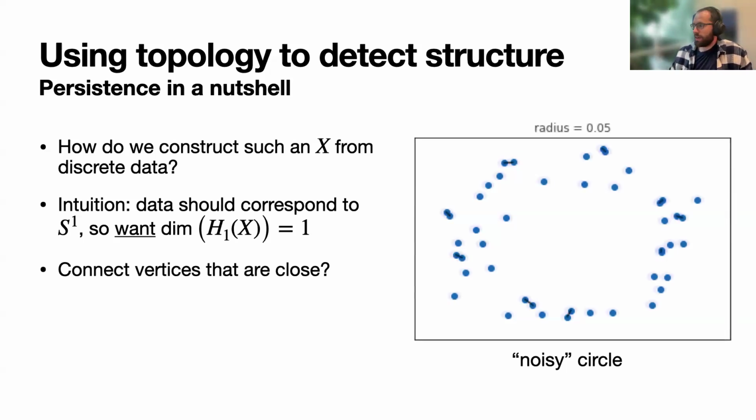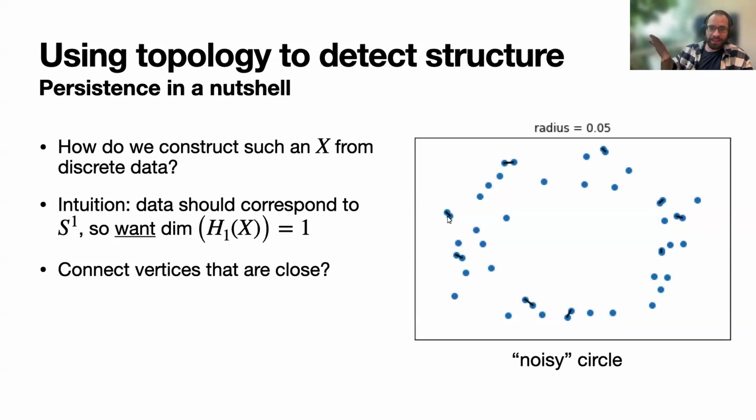And so I could decide to draw a little radius, a little ball around each of these points at a particular radius, in this case 0.05. And if those balls overlap, I'll connect vertices with an edge. So then I'm left with this, which is not looking much better. I now have both the vertices and a few small edges here.